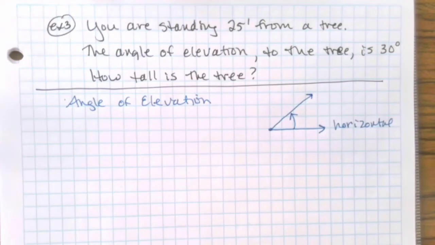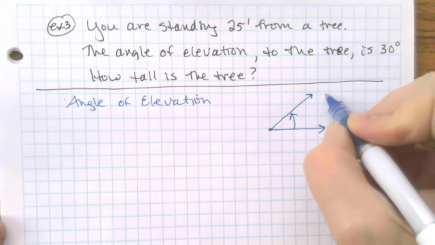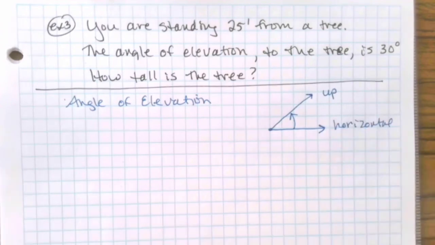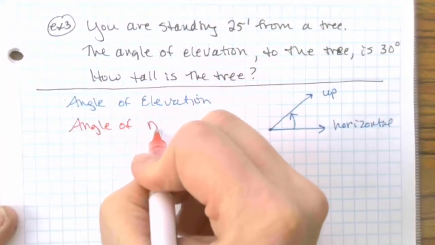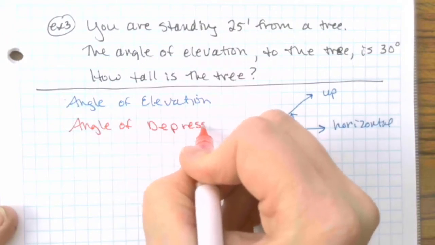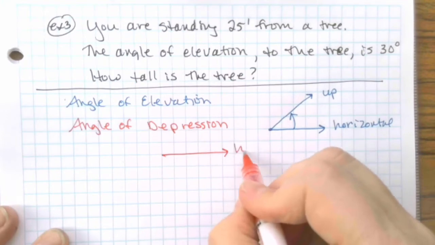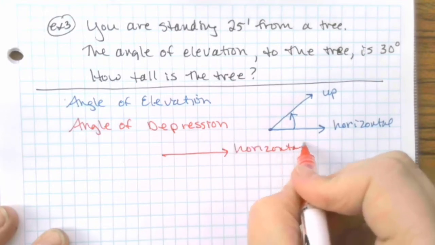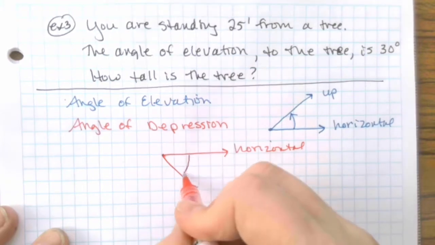That is your angle of elevation. Horizontal and then up. An angle of depression, on the other hand, still starts horizontal, but it's measured from horizontal down.